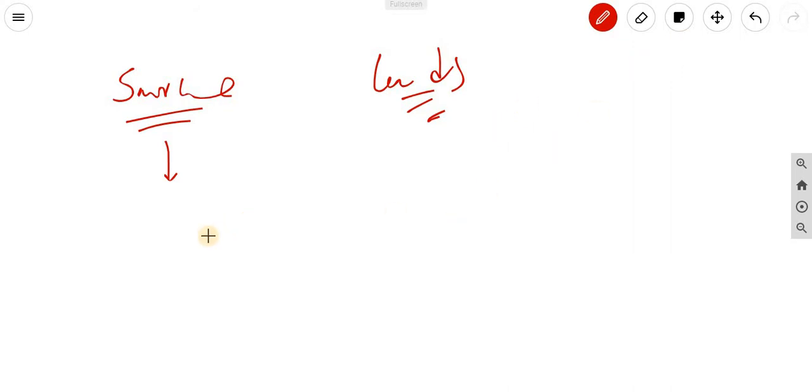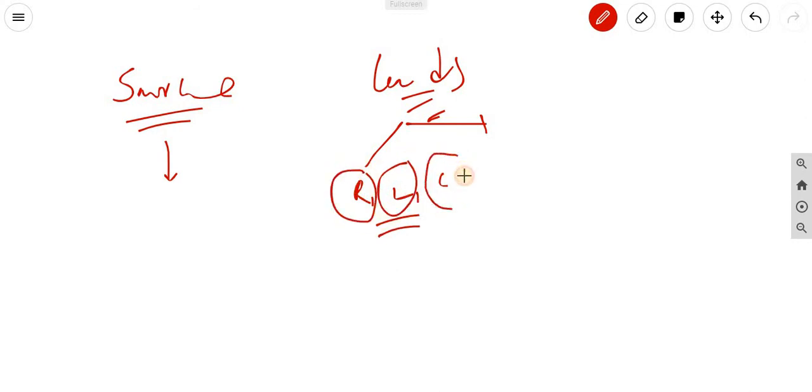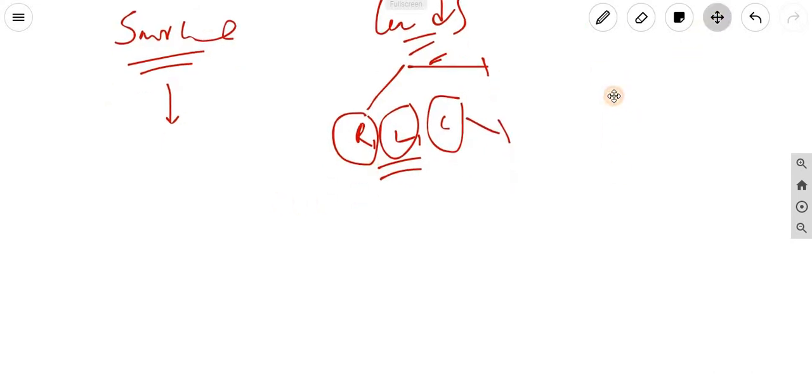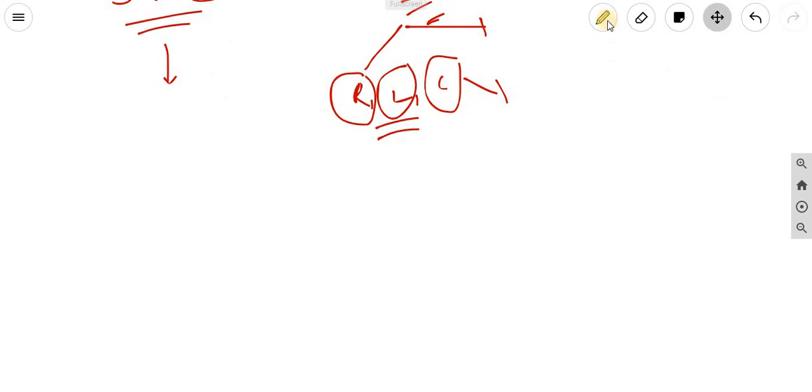You might have got not only one source, but 2, 3, 4 sources, whatever it may be, a current source or a voltage source, and the load elements are R, L, C. R means resistance, L inductance, C capacitance. So these are the elements for the AC circuit.